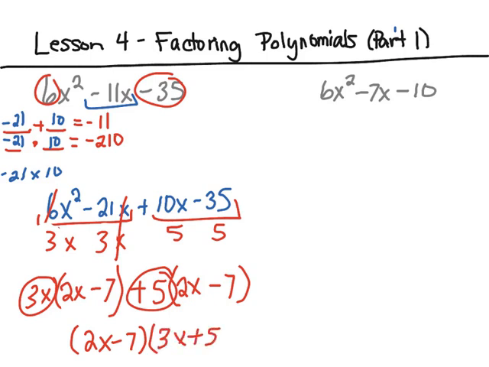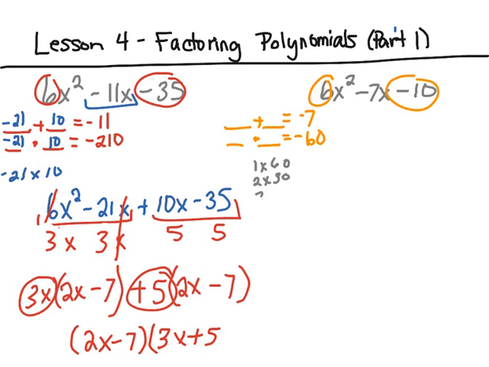And our last example, we have blank plus blank equals negative 7. Blank times blank equals 6 times negative 10, which is negative 60. So our two numbers, we have 1 times 60, 2 times 30, 3 times 20, 4 times 15, 5 times 12, 6 times 10.